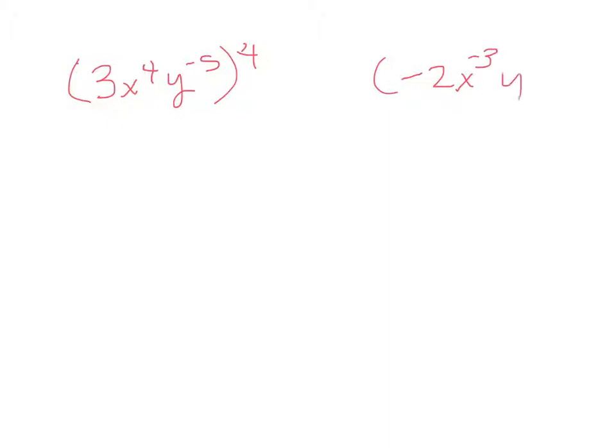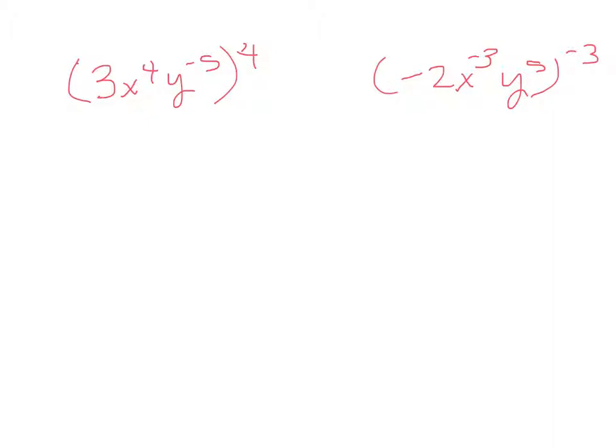Okay, let's look at a couple more. Let's say we have 3x to the 4th, y to the negative 5th, raised to the 4th power, and we have negative 2x to the negative 3, y to the 5th, raised to the negative 3. We're going to work on all of those.